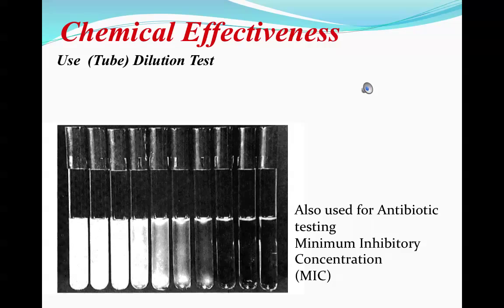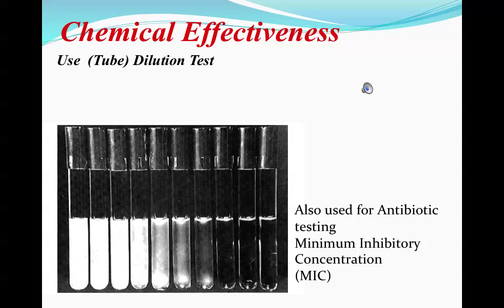Now we can go one step further and actually subculture those first 3 test tubes that show no apparent visible growth onto an agar plate, and find that maybe there were a few cells still alive at the bottom of the test tube. Not very likely, but it is possible.